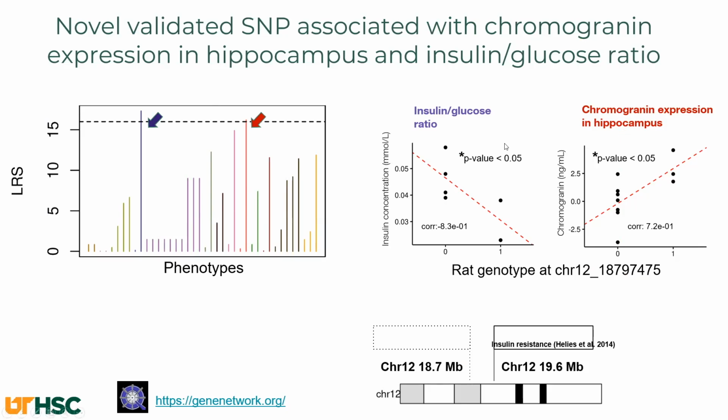But the one that I like, and is significant, is this one, because this SNP is associated with the insulin glucose ratio. And I saw in another study that they found a near association at this position, so pretty close to ours, with insulin resistance.